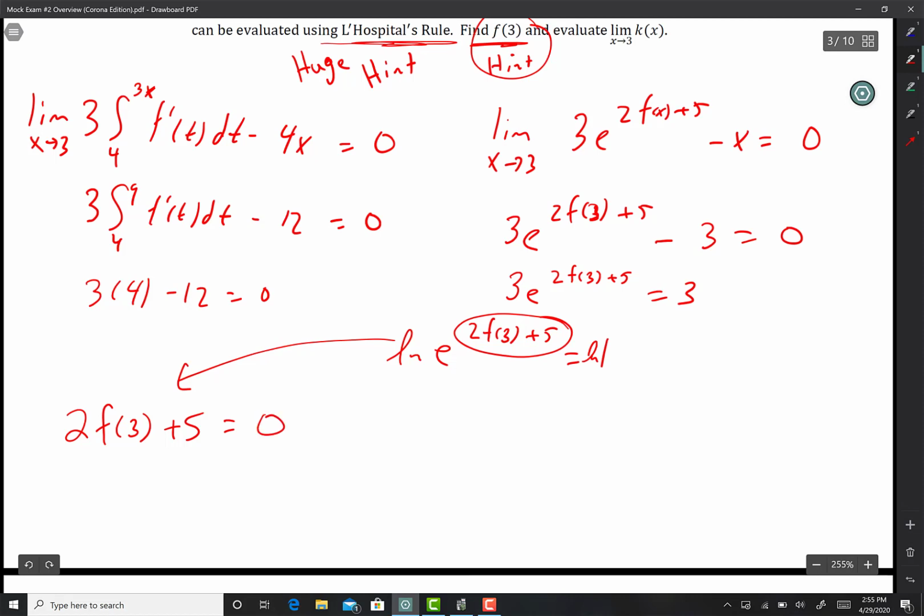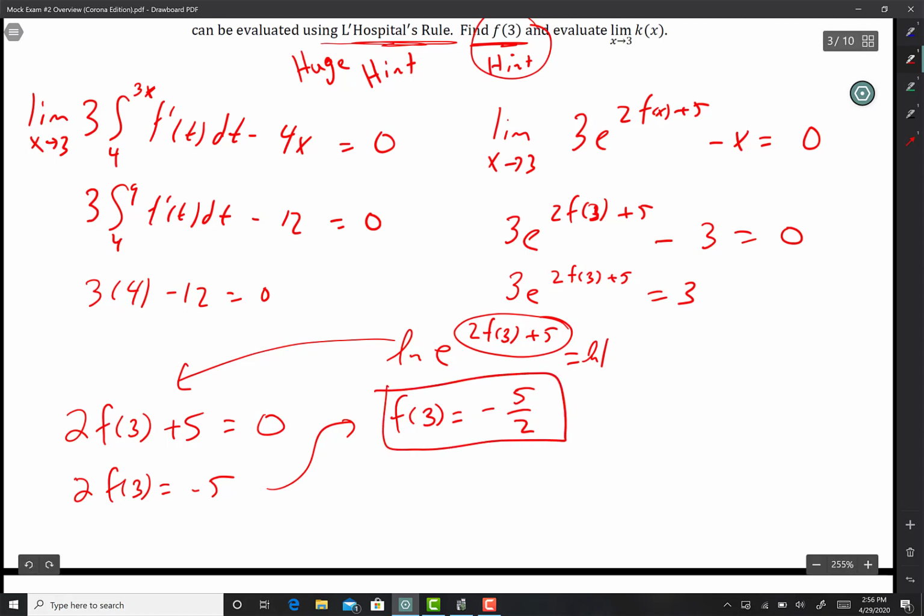I'm just going to solve for f of 3. 2f of 3 equals negative 5. Divide by 2, so f of 3 equals negative 5 halves. All right, we got that out of the way. Now we're going to use L'Hopital.